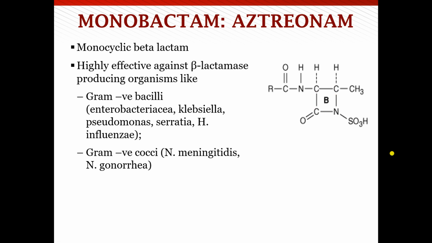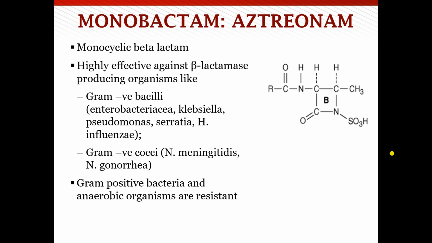It is highly effective against beta-lactamase producing organisms like gram-negative bacilli, which include Enterobacteriaceae, Klebsiella, Pseudomonas, Serratia, and H. influenzae. It is also active against gram-negative cocci, that is Neisseria meningitidis and Neisseria gonorrhoeae. Gram-positive bacteria and anaerobic organisms are resistant to Aztreonam.